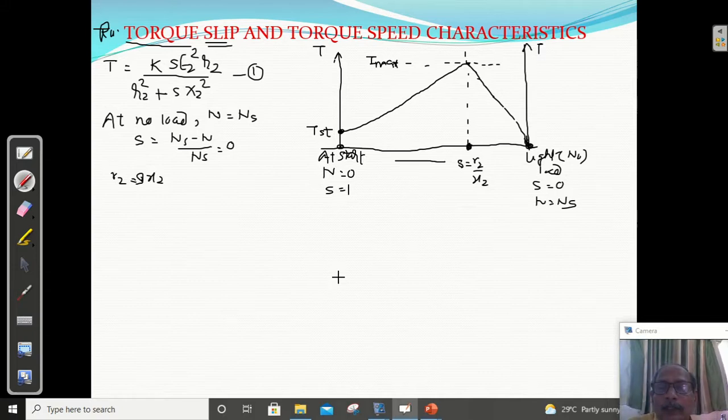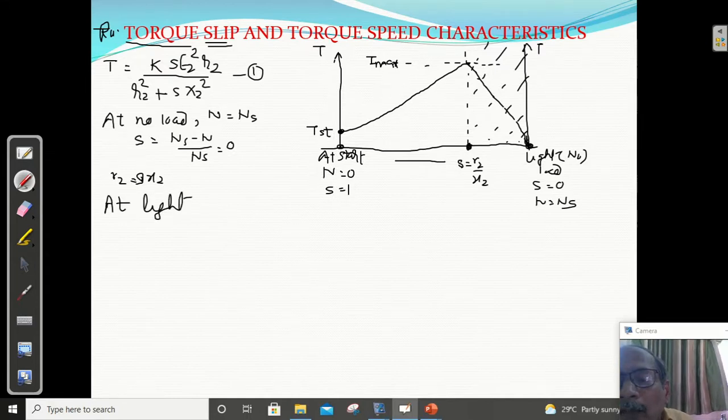Now this region, if you see here, is known as the operating zone. This is not the operating region of the machine here. Now at light load condition, how to draw it? I got this point only at start.